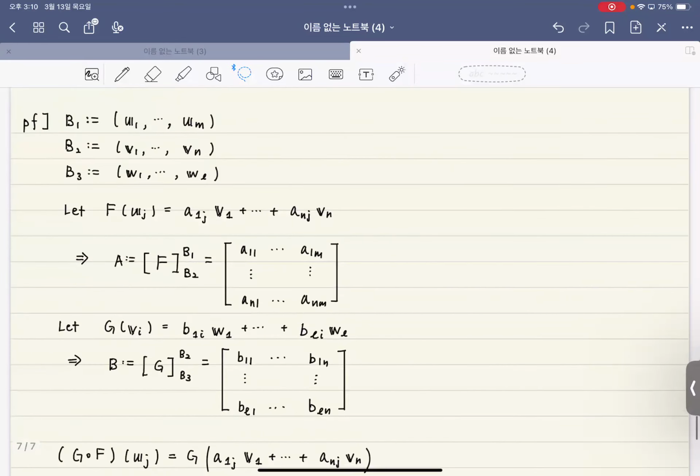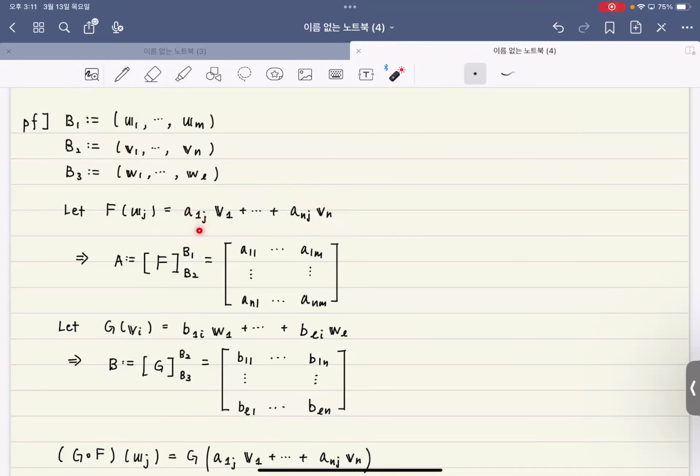Okay. So let me say these are my basis vectors U1 to UM. The dimension of U is M, the dimension of V is N, and the dimension of W is L. Let me say F of Uj, this basis vector, can be written as a linear combination of V1 to Vn.